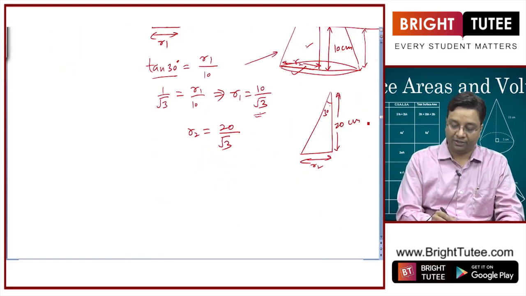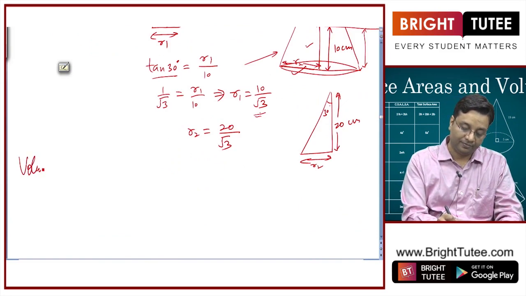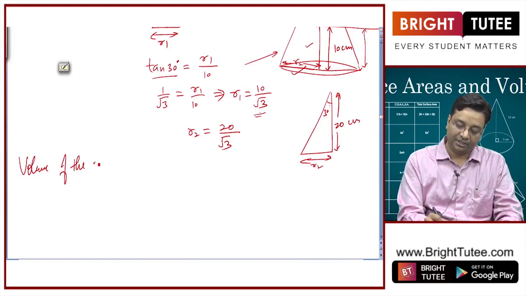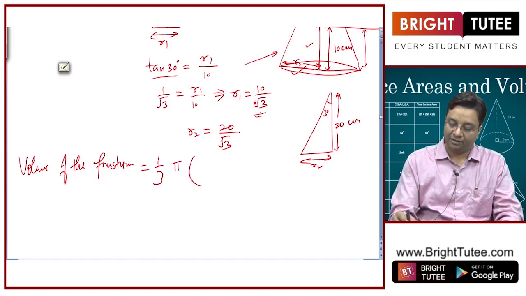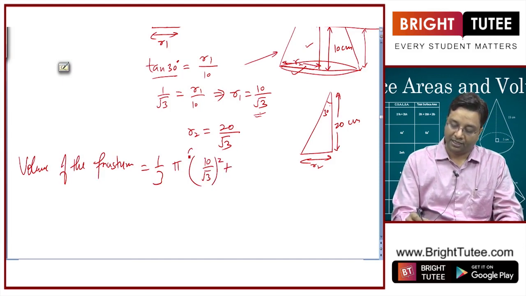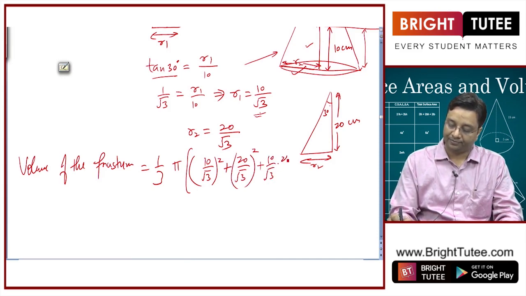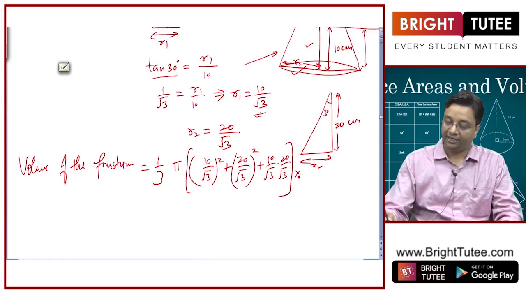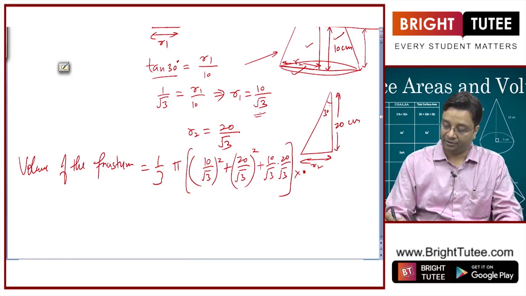So volume of the frustum is equal to 1 by 3 pi r1 square, that is 10 by root 3 square, plus r2 square, 20 by root 3 square, plus r1 r2, into height. Height of the frustum is 10 centimeters. So I will multiply it by 10.